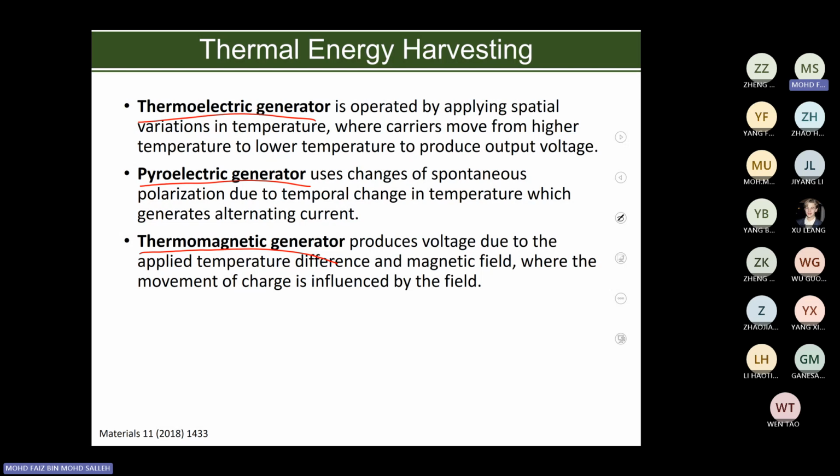Pyroelectric is used not only to produce electrical power but also for imaging systems. Pyroelectric uses the fluctuation of temperature to produce electricity. So when you have a temperature fluctuating at a certain frequency, you can use pyroelectric technologies to produce a signal or electrical power.